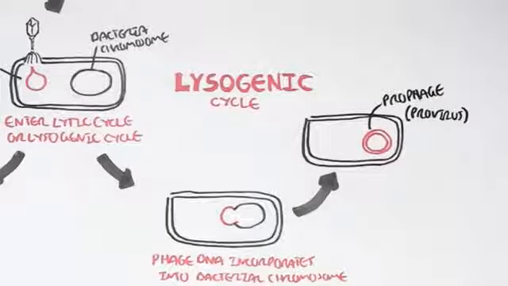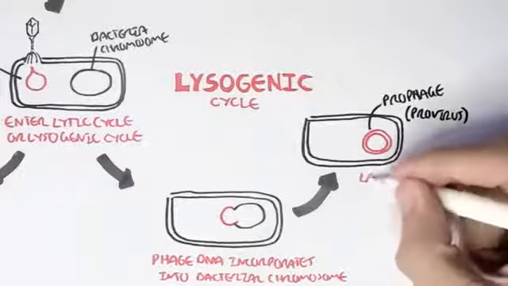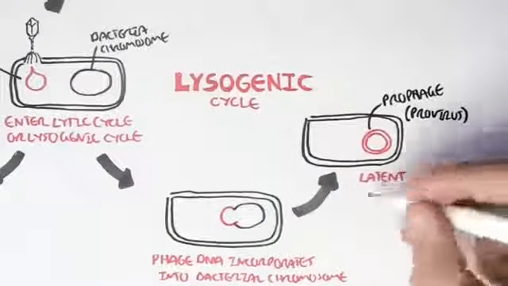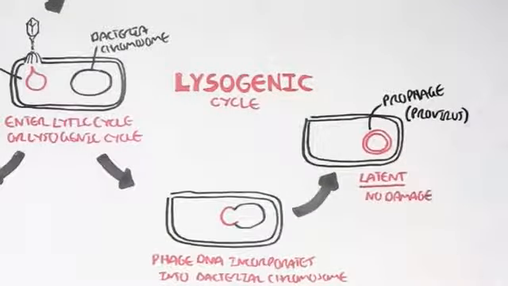In this case, the bacteriophage, the virus, is latent. The viral infection is latent and does not cause the synthesis of new phage DNA and proteins, or cause the bacteria to lyse. So basically, this viral infection is latent, meaning that it will cause no damage.